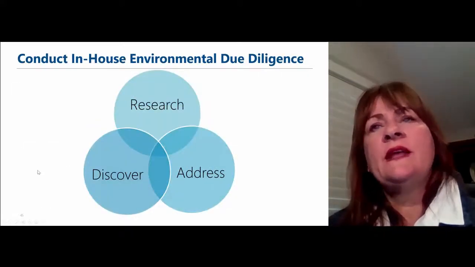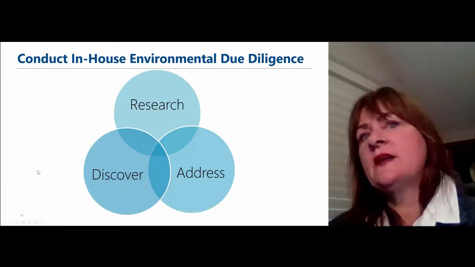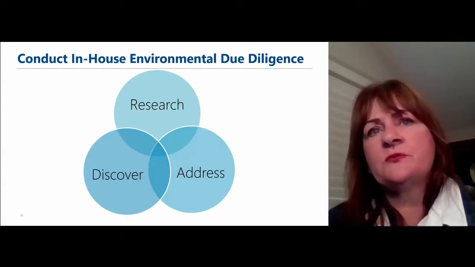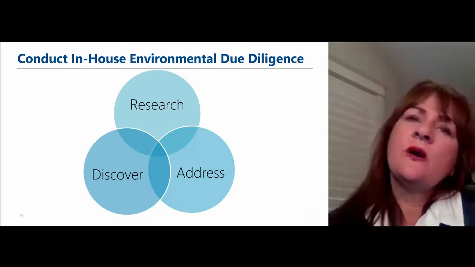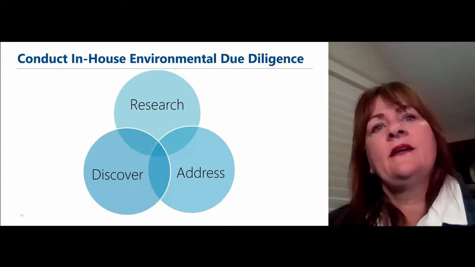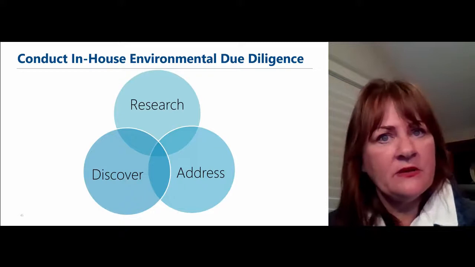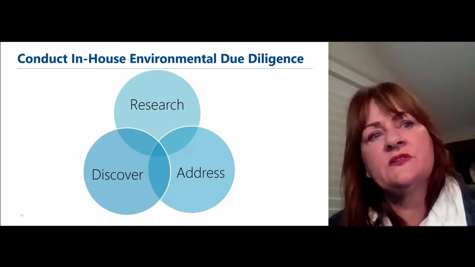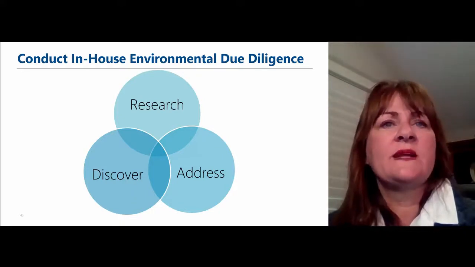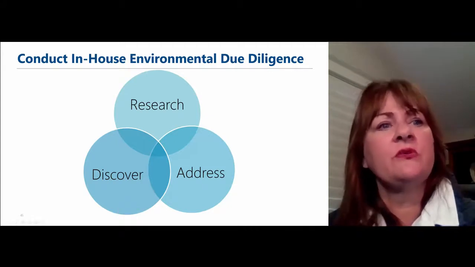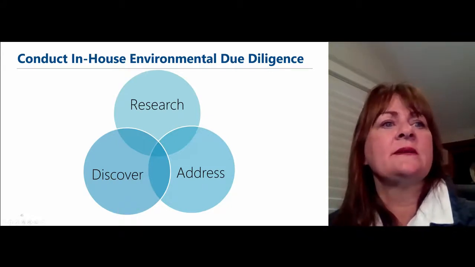Again, there's a lot of in-house environmental due diligence that land staff can do. You can do some research online. You can go out to look at the property and identify whether you've got some environmental concerns and address those before a Phase 1 ESA is conducted and before you move through that fee to trust process.